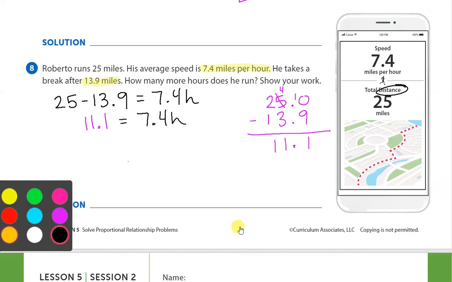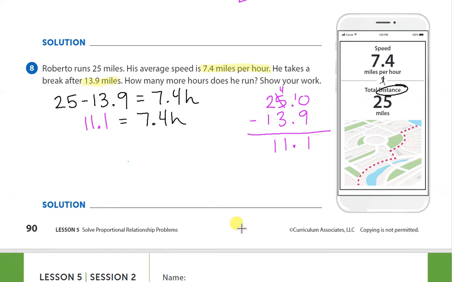And you may or may not remember from 6th grade that when we have a coefficient and a variable and we want to get rid of that coefficient, we are going to divide by that coefficient, because this is 7.4 times h. We need to do the opposite to get rid of it. 7.4 divided by 7.4 is just 1h left.